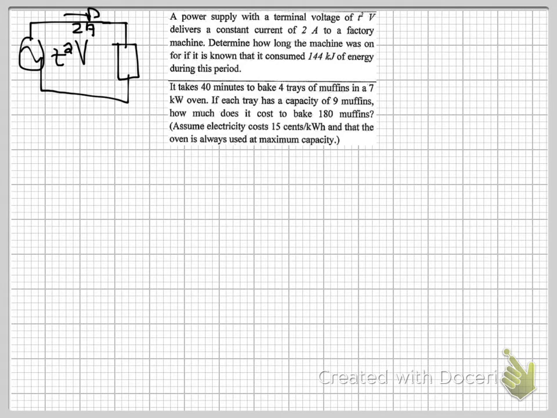Determine how long the machine was on for if it is known that it has consumed 114 kilojoules of energy during this period.